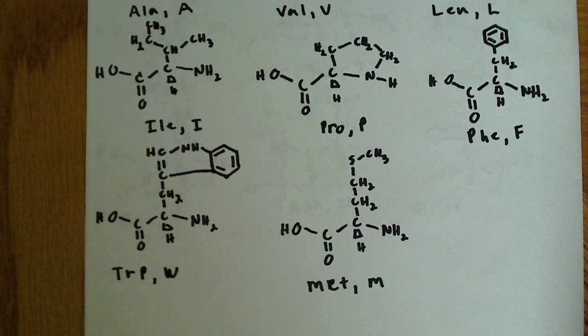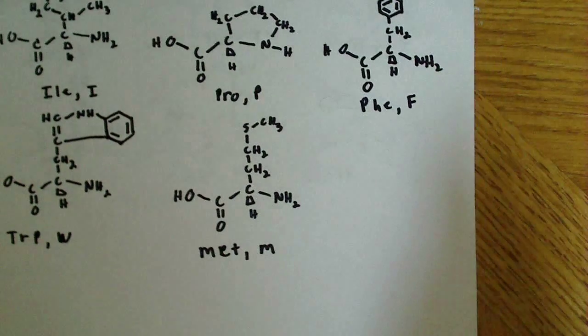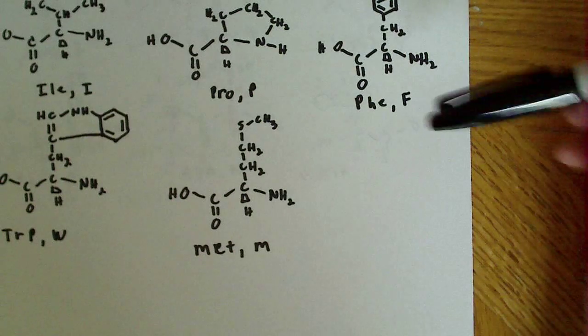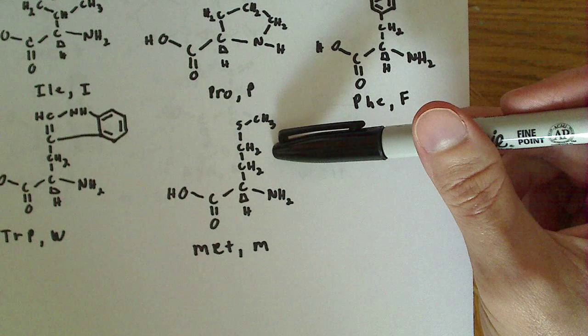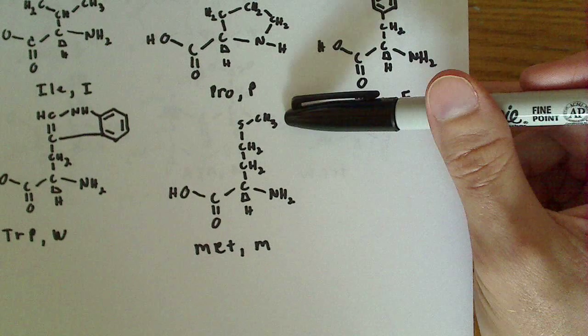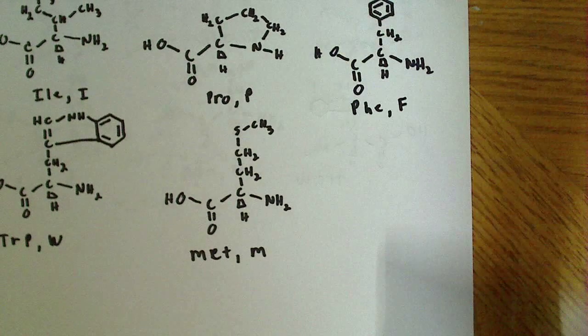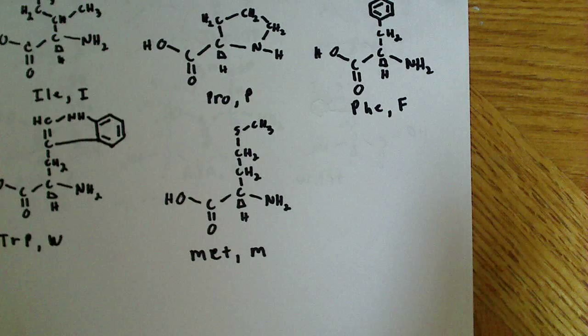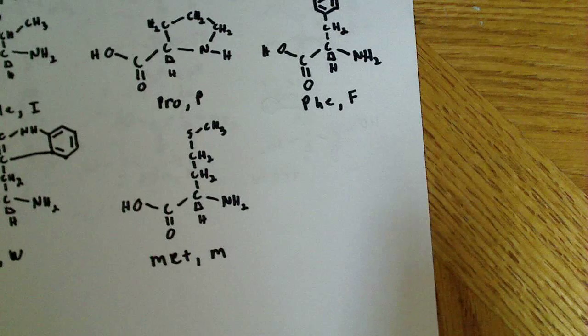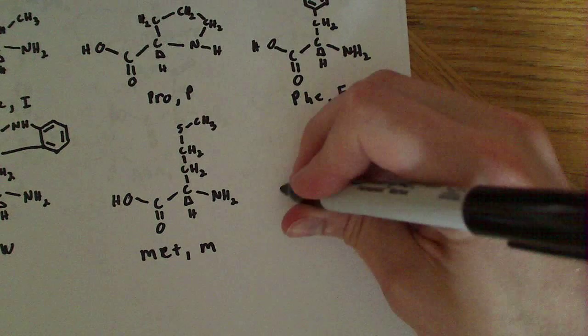So that's tryptophan. And the last one I have here is methionine, MET, or M, and that's just CH2, CH2, S, CH3. Now, just to show you guys how I draw these out, I left glycine out, and I'm going to include it in the nonpolar amino acids. So let me just draw that real quick.